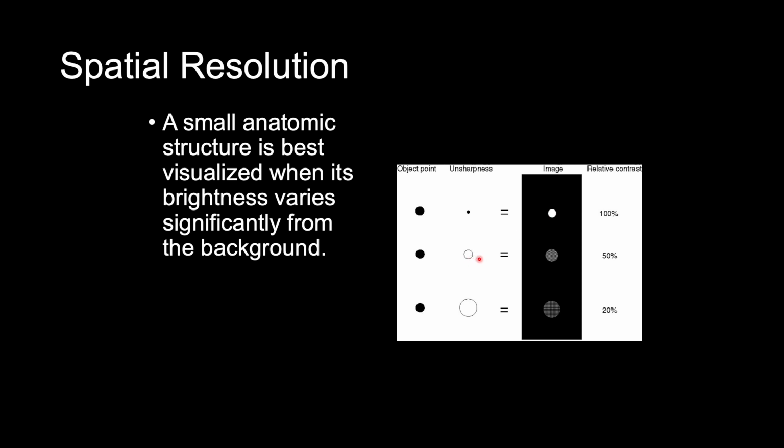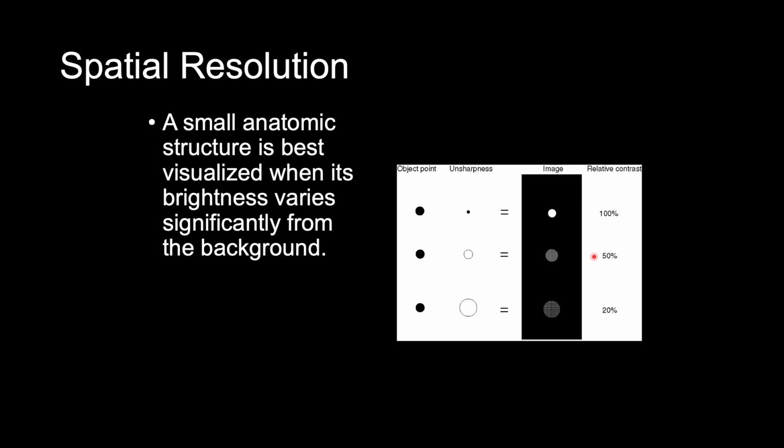Medium unsharpness, it's getting hard to tell where the object is. And then a lot of unsharpness, the object is starting to blend into the background. So with a tiny bit of unsharpness, you'll have 100% of relative contrast, which is what we want.